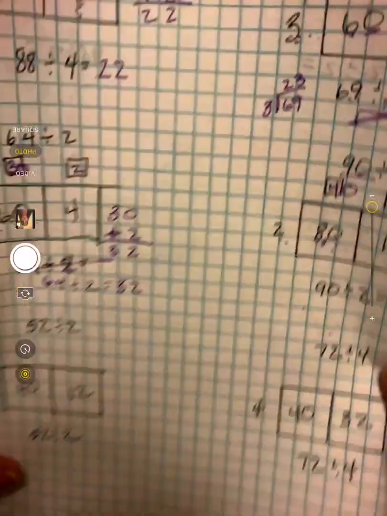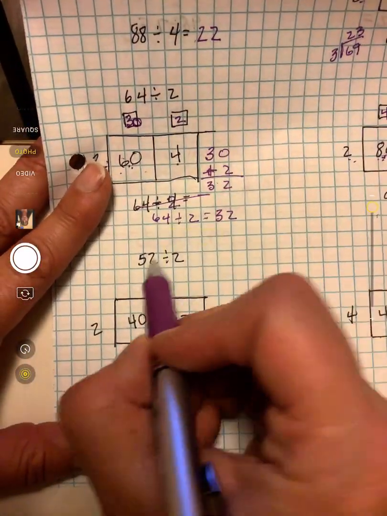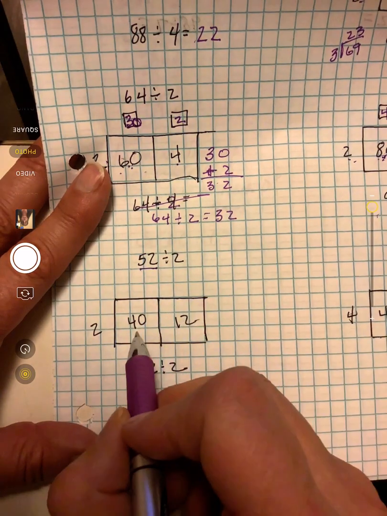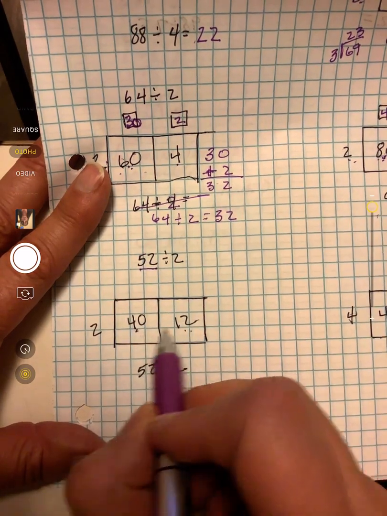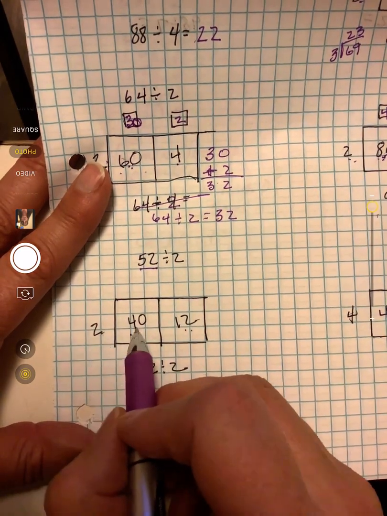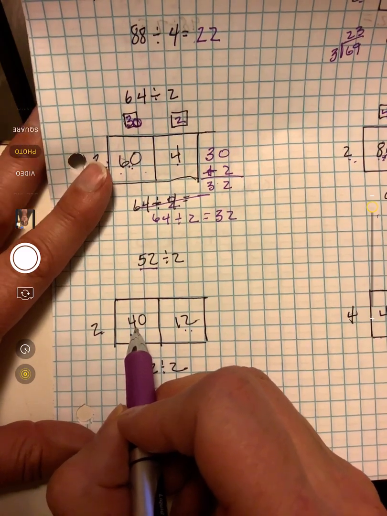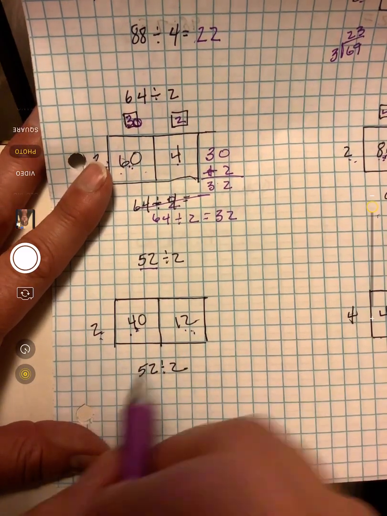Let's look at a couple more. Actually, I have some on the back side too. Okay? So they took 52 and they decomposed it because they know that 2 will go into 40 evenly, 2 will go into 12 evenly.